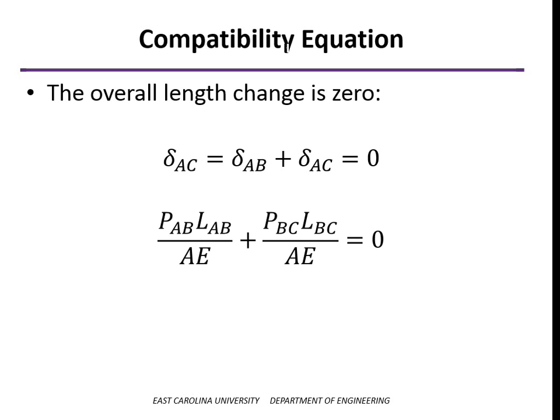Our equation for the change in length of a segment is PL over AE. In this case, we're assuming that the material is constant throughout and the same cross-sectional area on both segments, so we can get rid of AE out of both terms. And so we have PL plus PL is equal to 0.